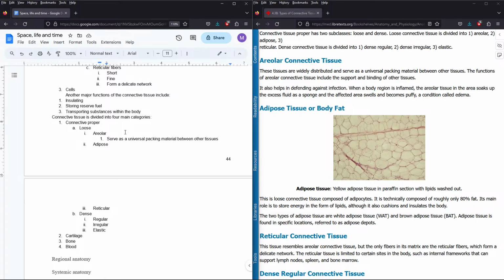The functions of areolar connective tissue include the support and binding of other tissues, so just normal connective tissue stuff. Support. Wait, oh, we skipped this one.